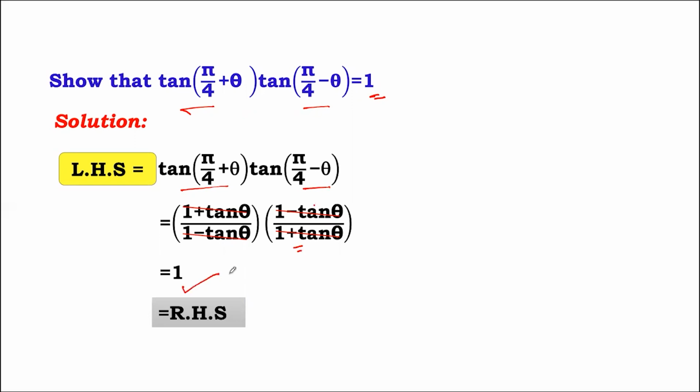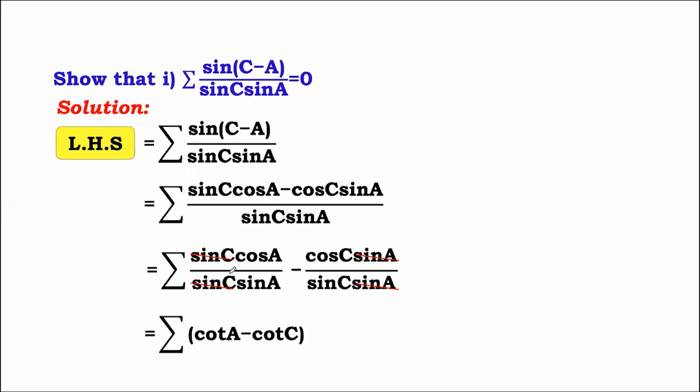We are getting value 1, right? Now, coming into the question. In the question part, it is given the summation of sine of c minus a upon sine c sine a. What was this summation?